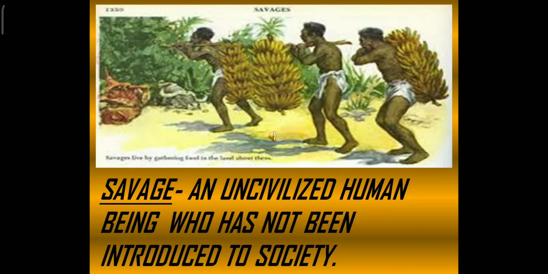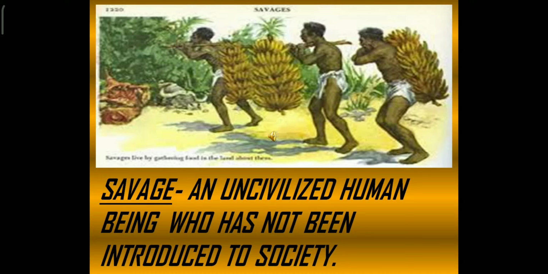The only difference is that we are living in a society around many human beings, we have manners, and we have many proper things because we have been brought up in a society. But savages do not have the privilege. They have never come out of their forest. They have never been introduced to other kinds of human beings. They don't go to schools, they don't have shopping malls, they don't go to cinema.